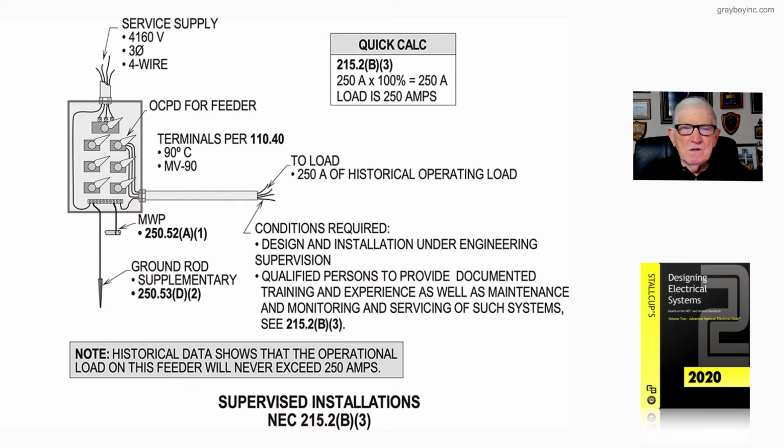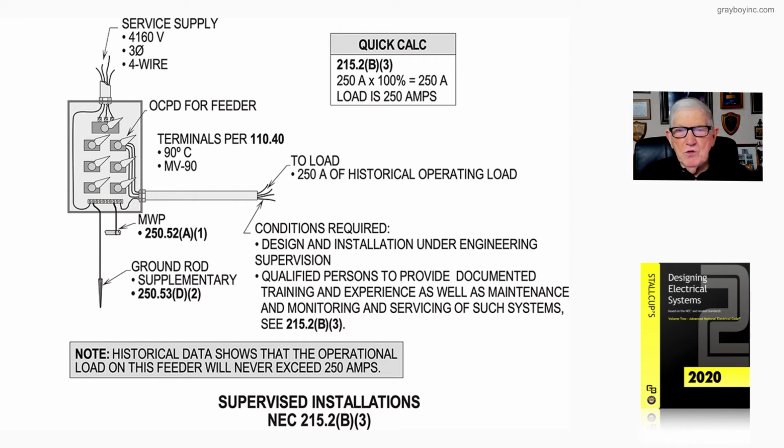But now notice, to be able to be considered a supervised industrial type location, you have to go to 240.2 to define it, and it basically says the conditions required to fall under this supervised installation is design and installation is under engineering supervision.